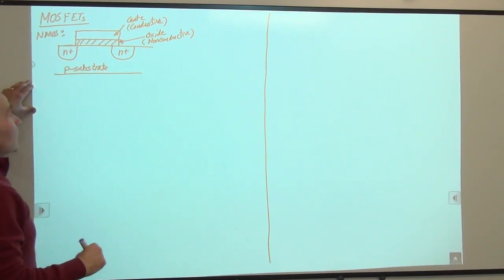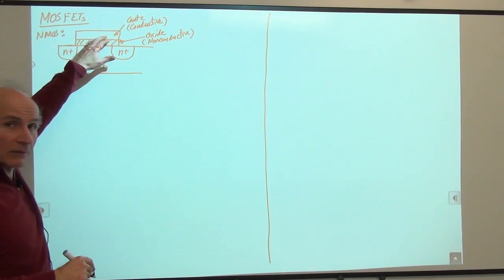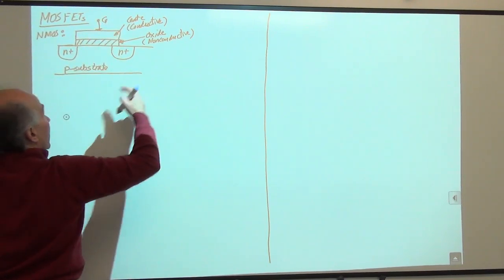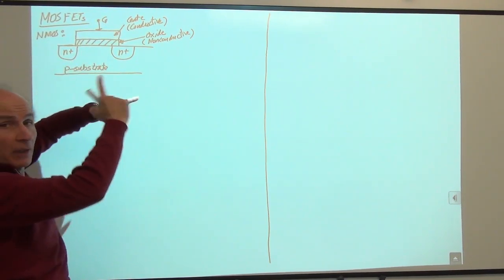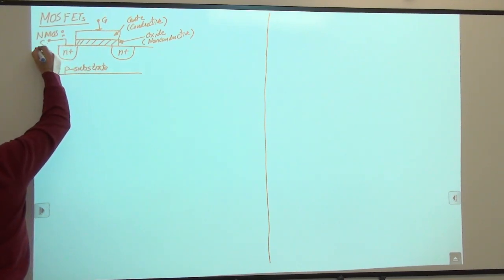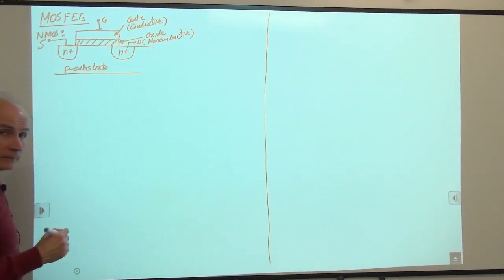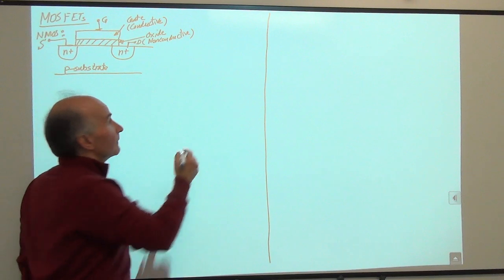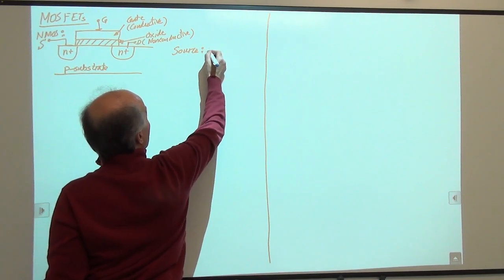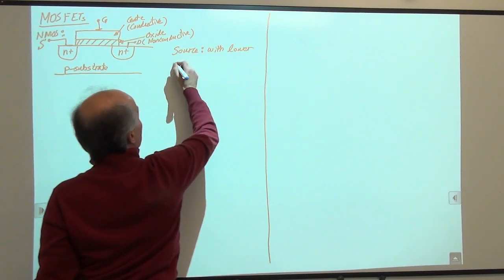And we call this terminal, which is sitting on top of the oxide, the gate of the device. So we connect a wire here. We call that the gate. And then these two, which are symmetric, we call one of them source, the other one the drain. So this is the source. This is the drain. How do we distinguish between the source and the drain? So we say the source is the one with lower potential.